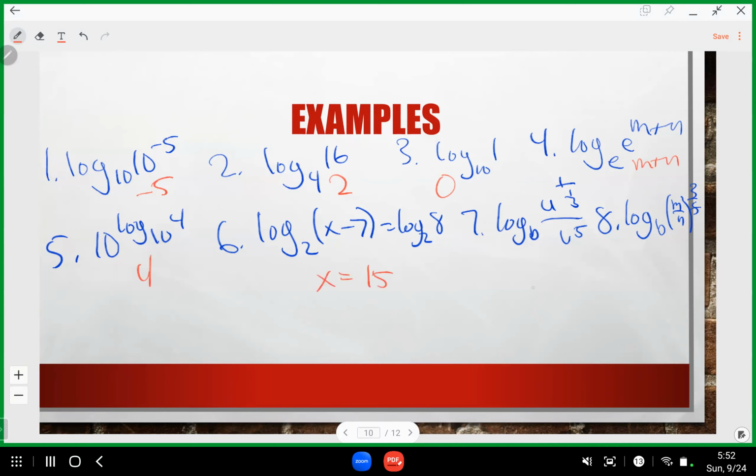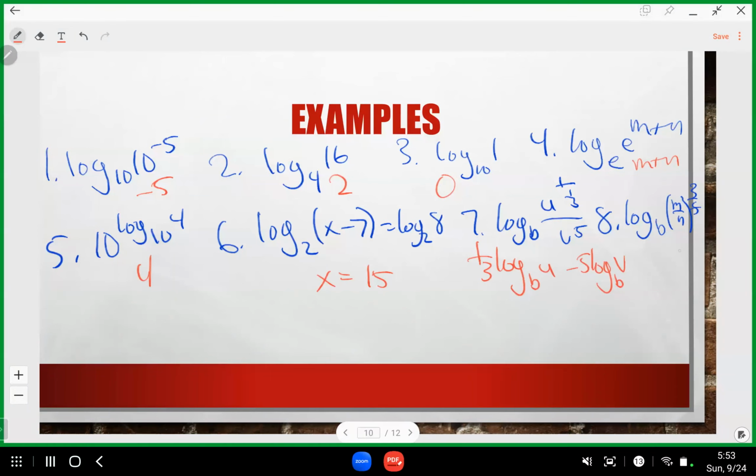Number 7 is log base b of u to the power 1/3 minus 5 log base b of v.